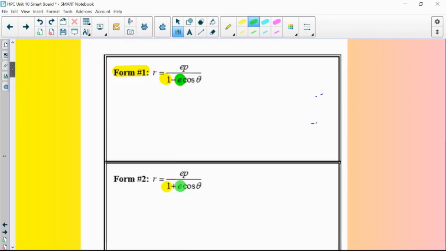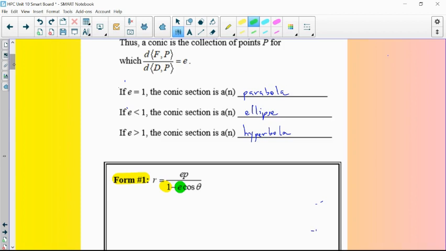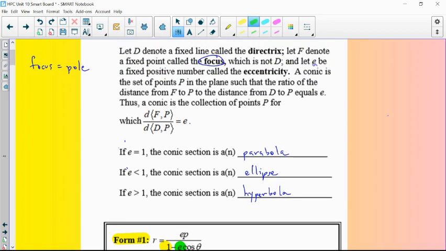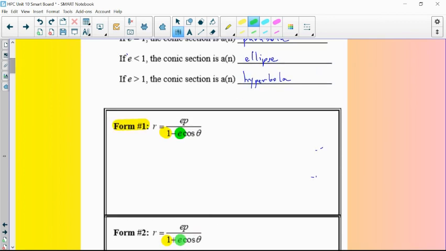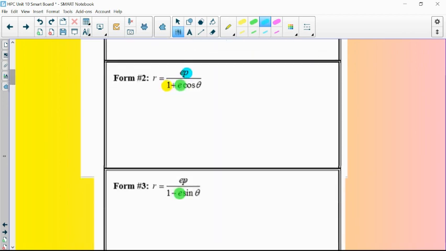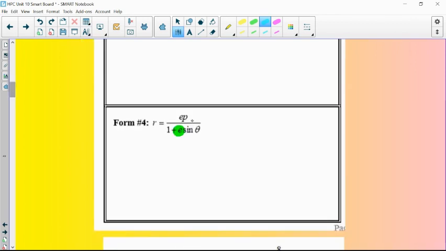Now, there's another value up here called p, and that distance p represents the distance to the directrix. So if you can find what that p value is, the numerator consists of 2 constants: your eccentricity value that you just found times your p value.